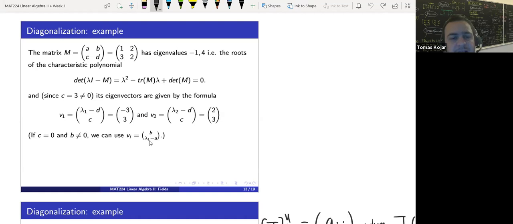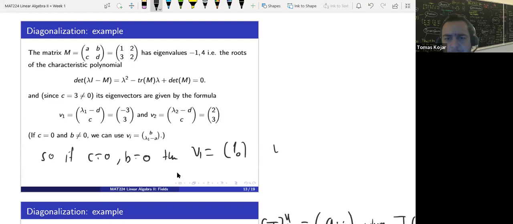When C is 0 and B is not 0, you can use the other formula. But when C and B are 0, then you already have a diagonal matrix, in which case it doesn't matter. You just have 1, 0 and 0, 1. So if C is 0 and B is 0, then V1 is 1, 0 and V2 is 0, 1.